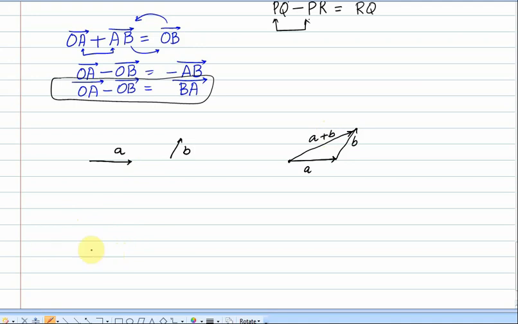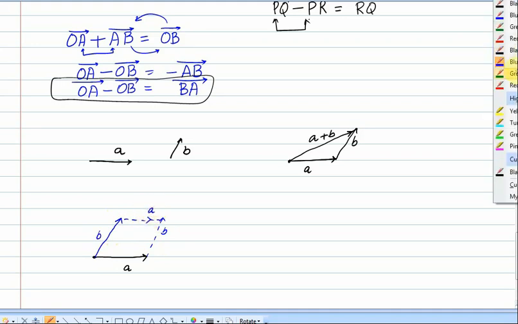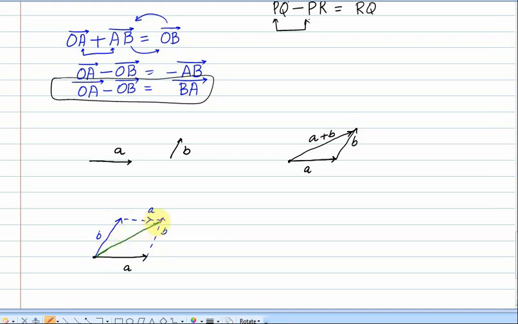The next method says draw the vector A, and from the same point draw the vector B. Now complete the parallelogram. And the diagonal here represents A plus B.